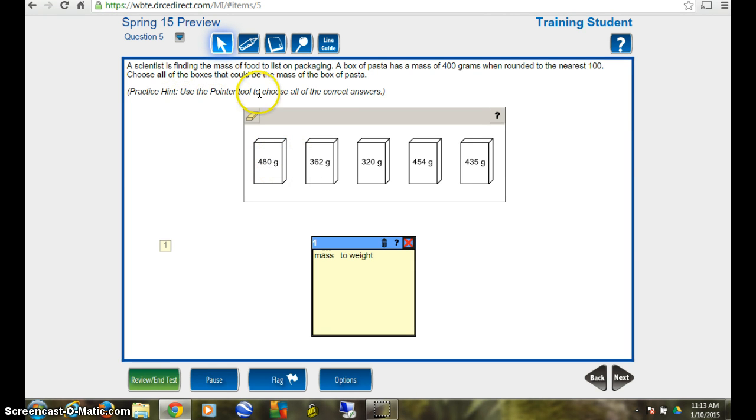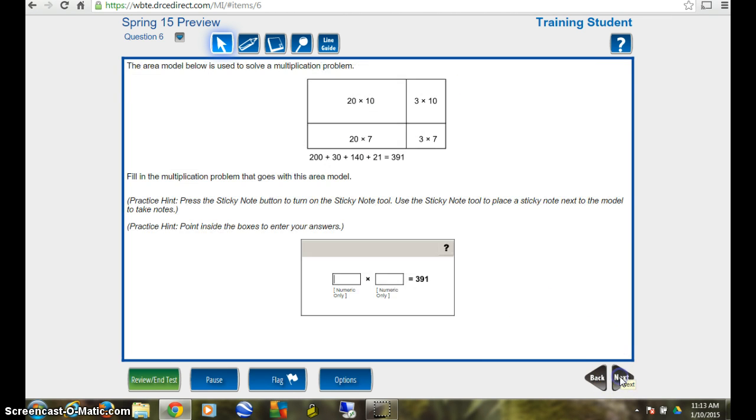And the suggestion is use the pointer tool to choose all the correct answers. 362 would round up to 400, so that one would work, and we click it and it lights up. 320 would round down to 300. 454 would round up to 500, and 435 would round down to 400. So I've selected the two that would round off to the nearest 100 of 400 grams. I think I have this one correct, so let's go on.